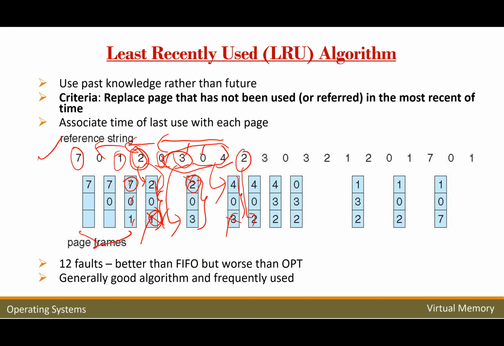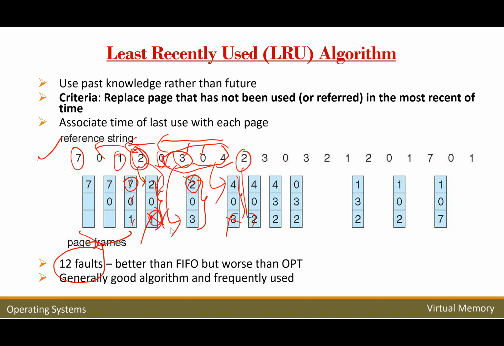And it continues. Now with this approach, we get only 12 page faults. If you remember, for the same reference string with the same number of frames per process, FIFO gives us 15 page faults and optimal algorithm gives us 9 page faults, whereas LRU gives us 12 page faults.